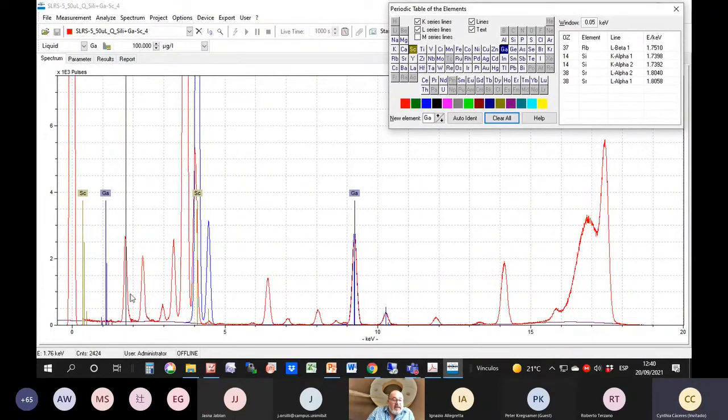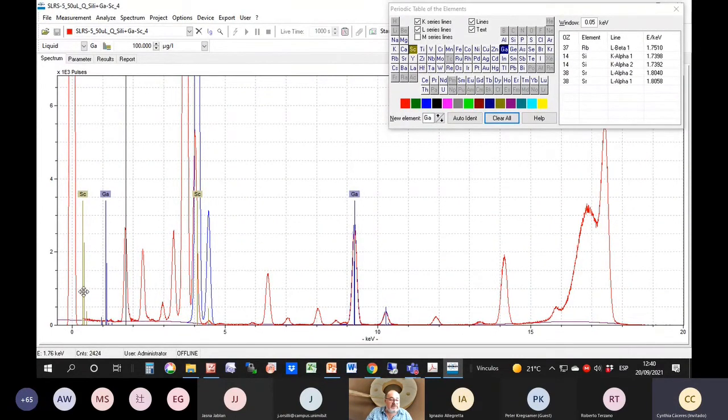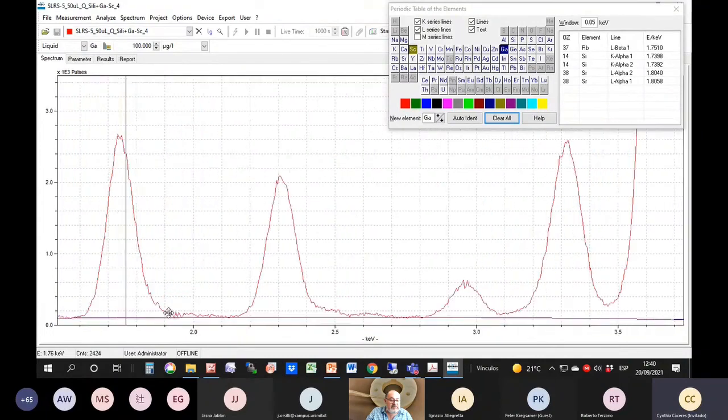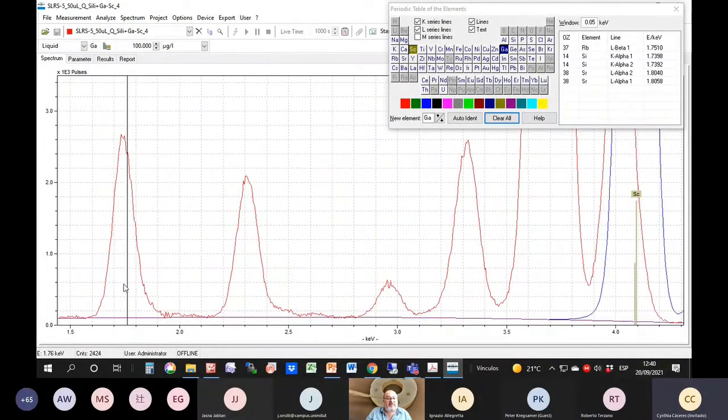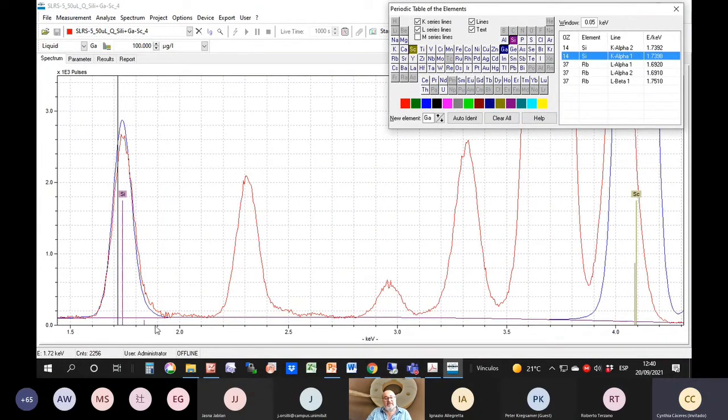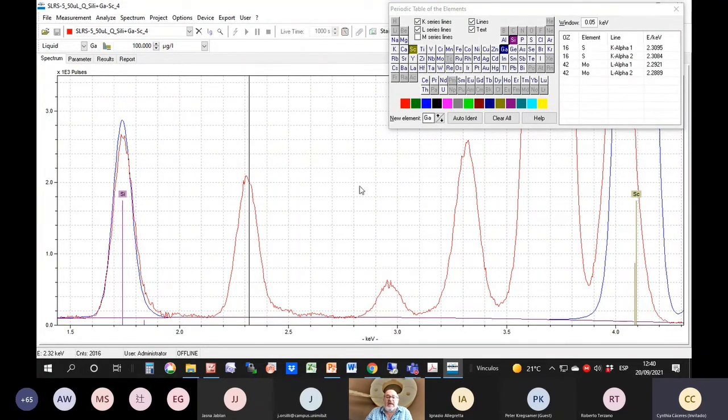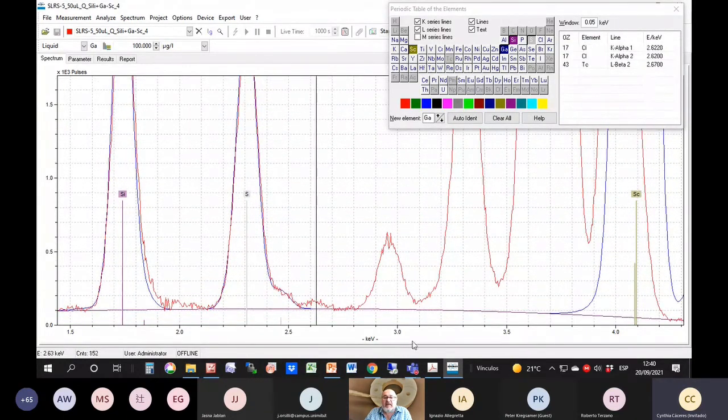Now I am positioning. It proposed silicon. Oh yes, it's interesting. It not only proposes the element, it also proposes the shape of the peak, which is very helpful for the interpretation. Now I am positioning this peak. Yes, sulfur, and the explanation of both peaks is correct.